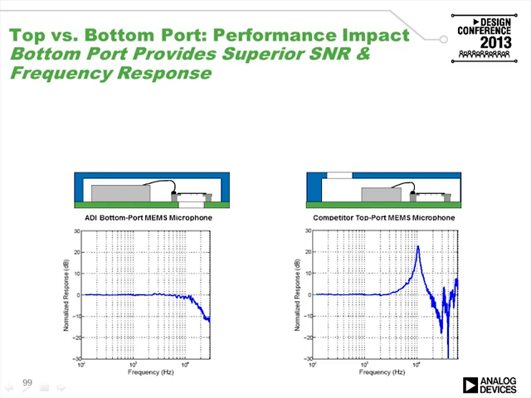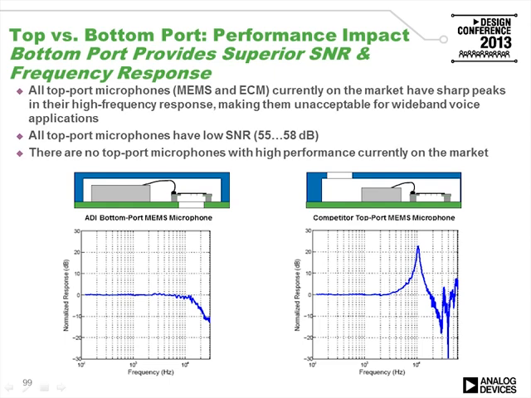So a large cavity results in a lower resonant frequency and pushes that resonant peaking into the audio band, whereas the small cavity results in a much higher resonant frequency, and the peaking does occur, but it's somewhere at much higher frequencies where it doesn't matter to us.